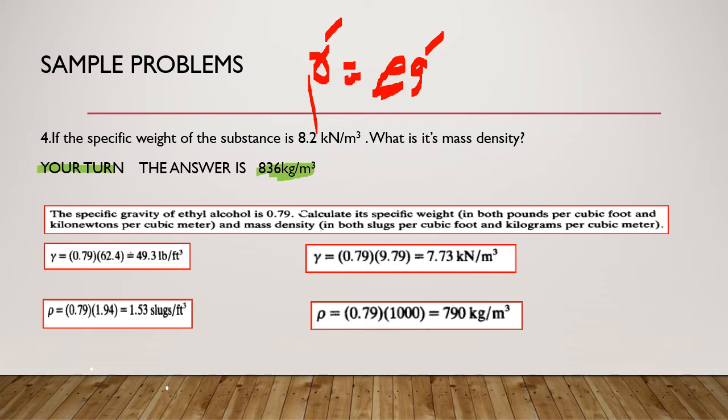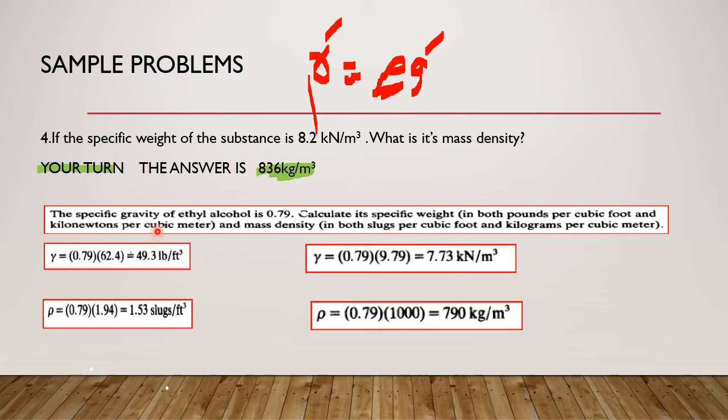Now, meron tayong another number 5 or number 6 problem. The specific gravity of ethyl alcohol is 0.79. Calculate the specific weight in both pounds per cubic foot and kilonewtons per cubic meter, and mass density in both slugs per cubic foot and kilograms per cubic meter.